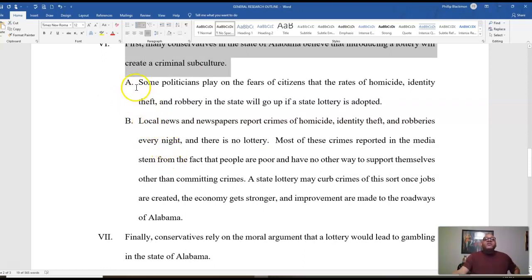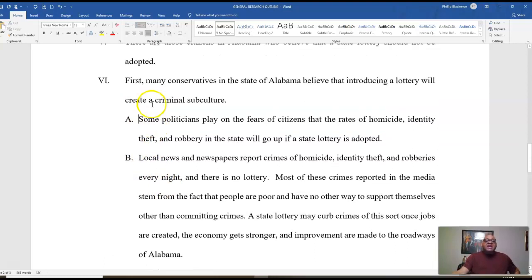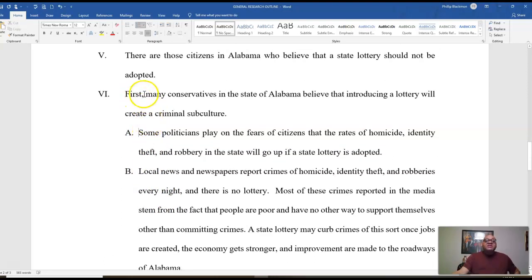First point, A supports the topic sentence. First, many conservatives in the state of Alabama believe that introducing a lottery will create a criminal subculture. How do they know that, right? So some politicians play on the fears of citizens that the rates of homicide, identity theft, and robbery in the state will go up if a state lottery is adopted, okay?